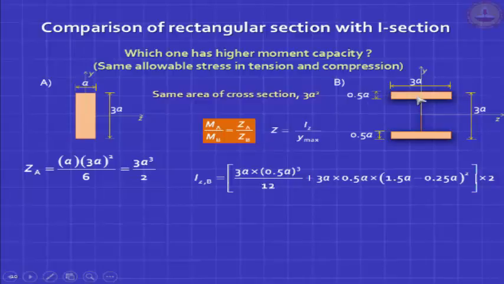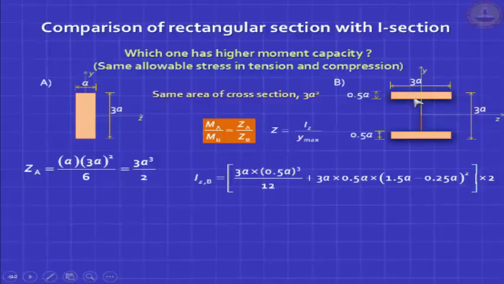So each of these flanges has its own second moment of area, BD cubed by 12, 3A into (0.5A) cubed by 12, and there are two of them, so into 2 outside. Then each of them has a contribution AD squared.